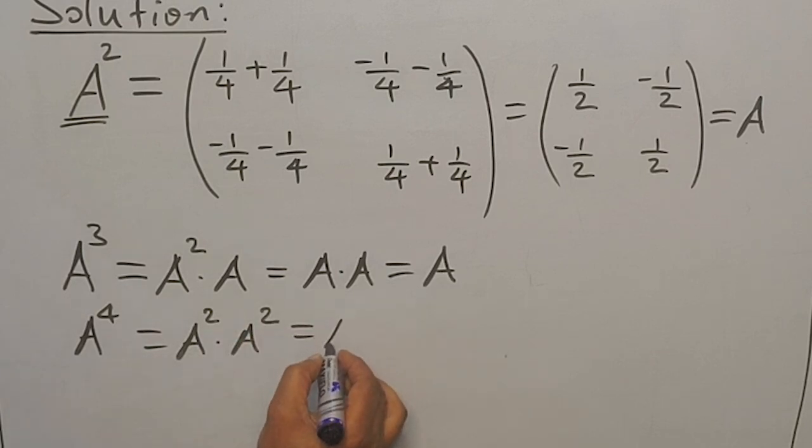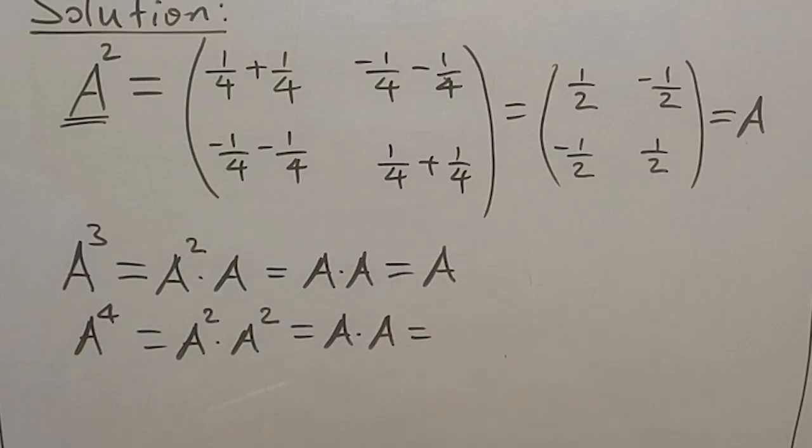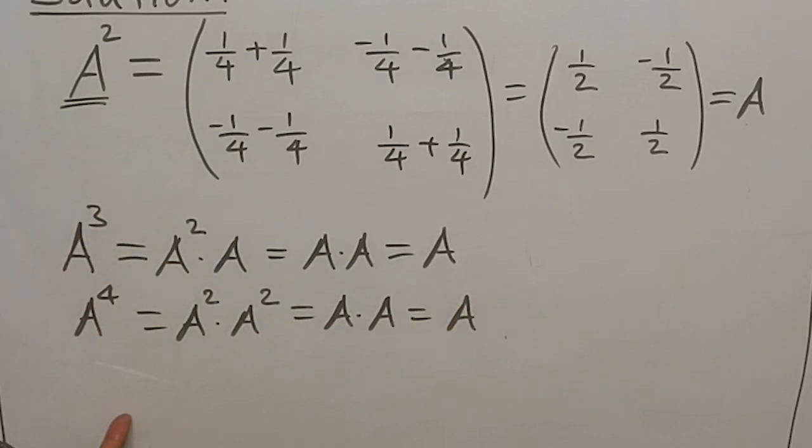A square is A, A times A square is A. So, from this, we observe that for any positive integer n, A raised to n is equal to A.